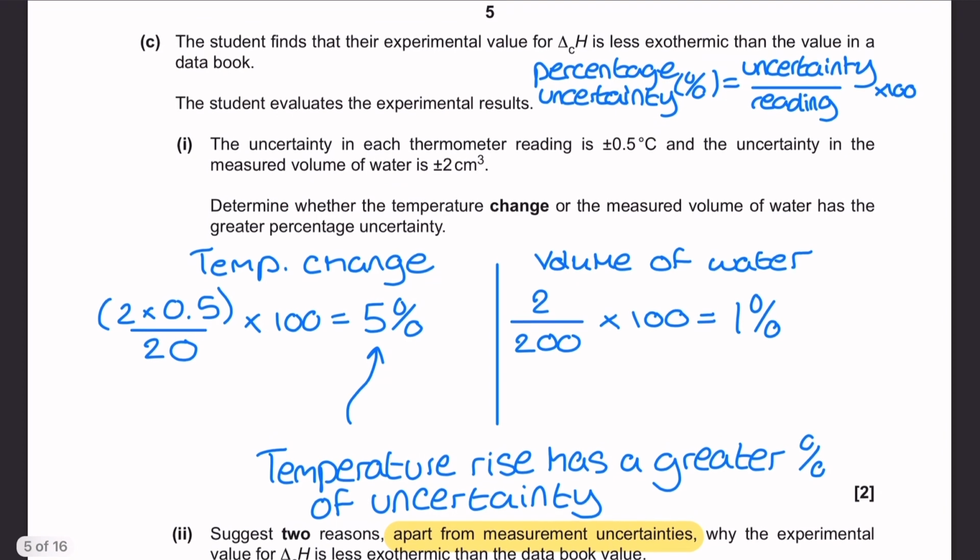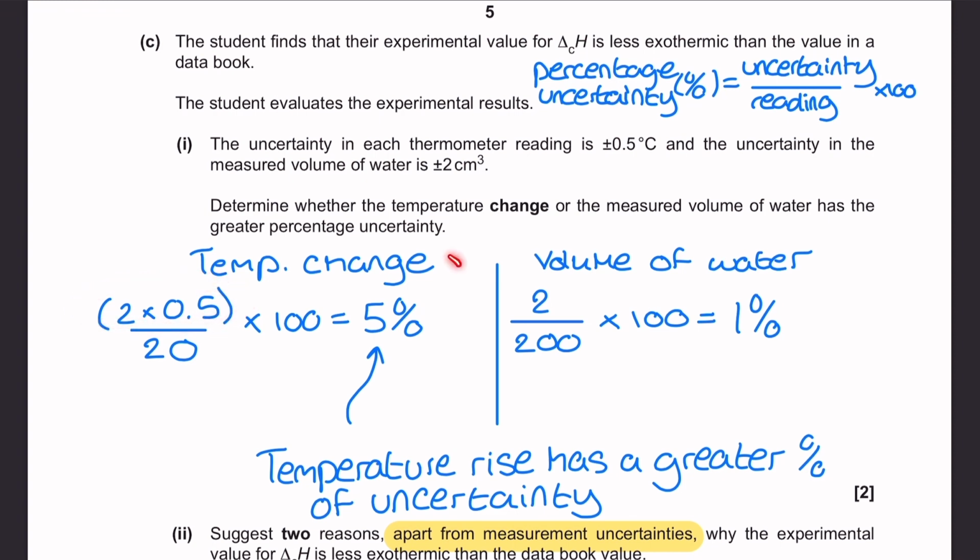Now you'll notice here they've written the word change in bold, and that's because they know the calculation for percentage uncertainty is the uncertainty margin, so like this plus or minus figure here, divided by the reading that was taken for that particular quantity. And when we're doing this calculation, you'll notice for the temperature change one, my numerator, I've doubled it.